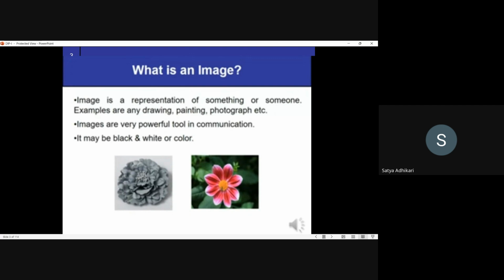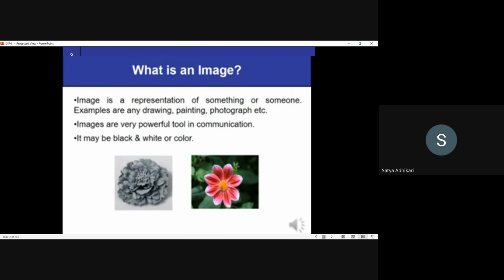You may take the example of any drawing, painting, or photograph. Anything which represents something is known as an image. Images are a very powerful tool in communication, and they may be black and white or color in nature.